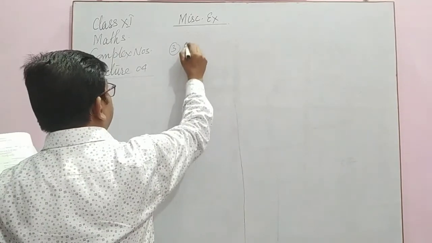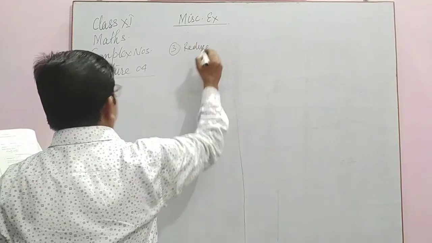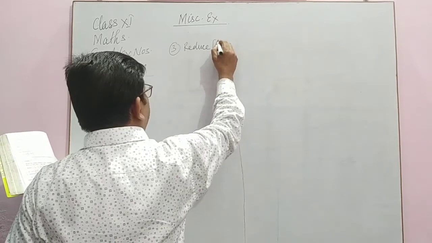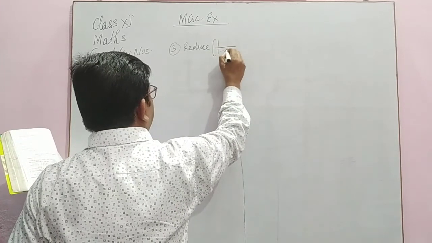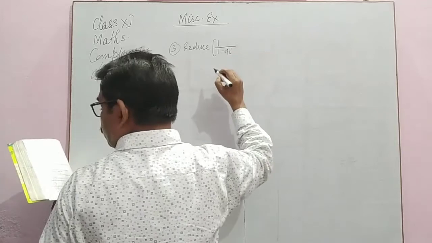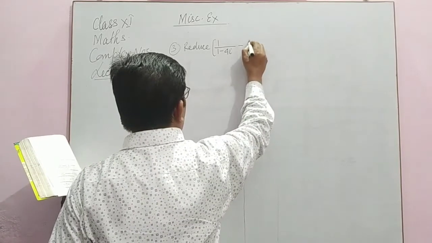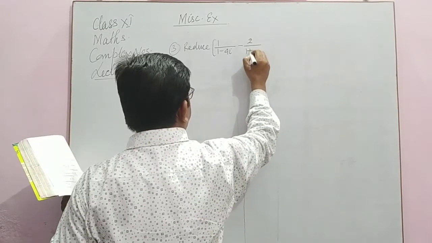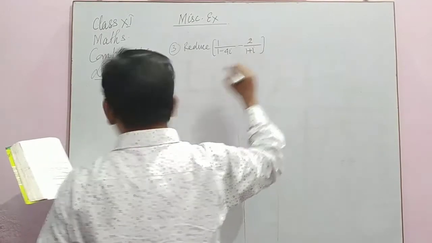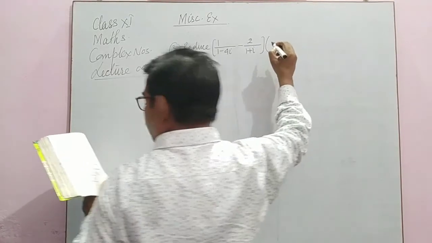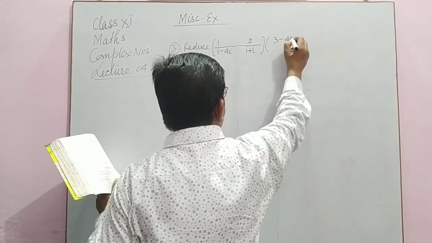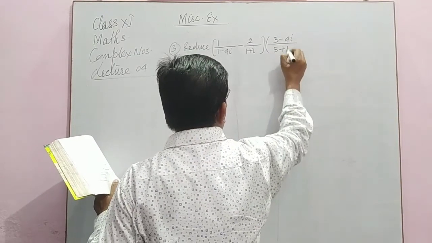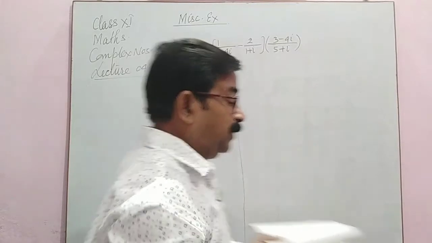Given, reduce 1 upon 1 minus 4i minus 2 upon 1 plus i, into 3 minus 4i upon 5 plus i. So simply we have to simplify.